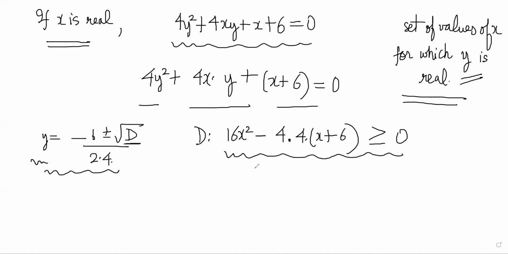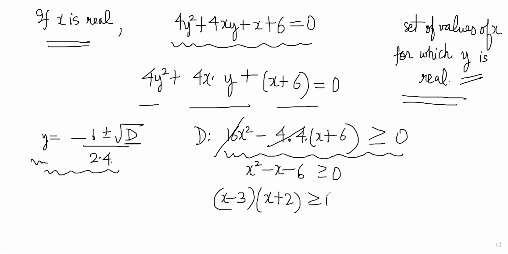I see, 16 can get cancelled. You have x squared minus x minus 6 greater than or equal to 0, and this can be easily factorized. You get (x minus 3)(x plus 2). By wavy curve, now you'll say minus 2 and 3. Positive values will happen above and below.